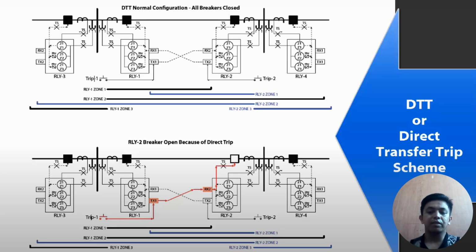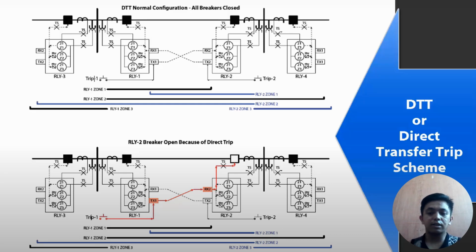We can see this is the DTT or direct transfer trip scheme. So this is how the DTT scheme works. In a normal situation, if there's an internal fault within the protected line, the relays, let's say relay 1, will sense the fault and immediately send trip signals to relay 2 to the remote circuit breakers.